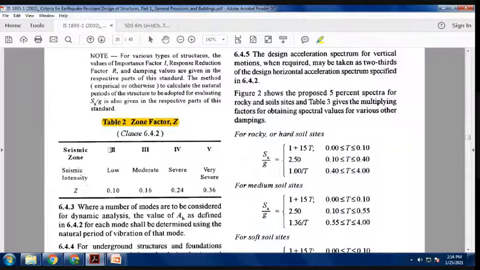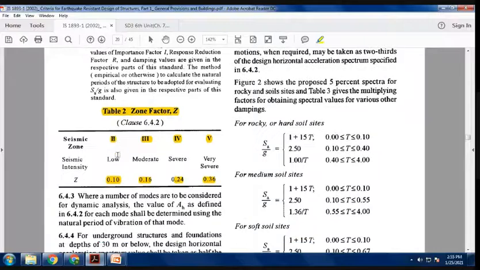If your building is falling in zone 2, the zone factor will be 0.1. If it is falling in zone 3, the zone factor will be 0.16. Similarly, for zone 4 it is 0.24 and for zone 5 it is 0.36. Just remember table number 2.